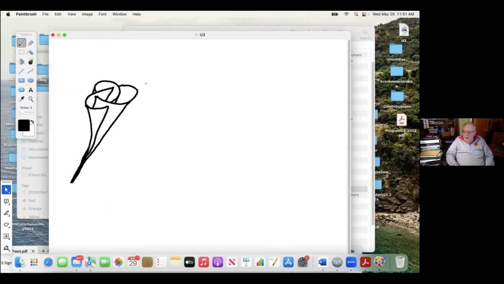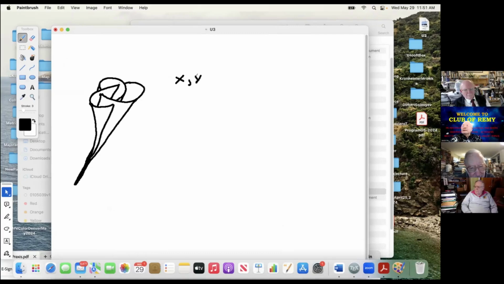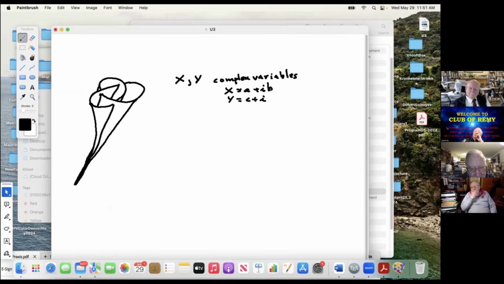Okay, because I can consider x and y complex variables, that is x is equal to a plus ib, where those are real numbers, and y is equal to c plus id.